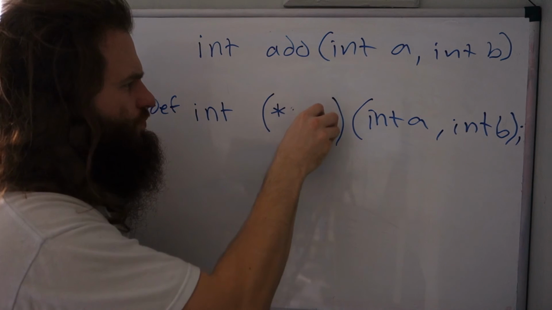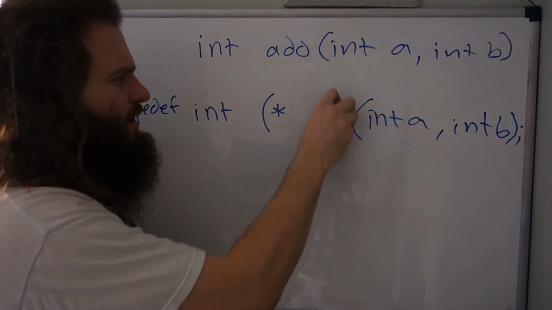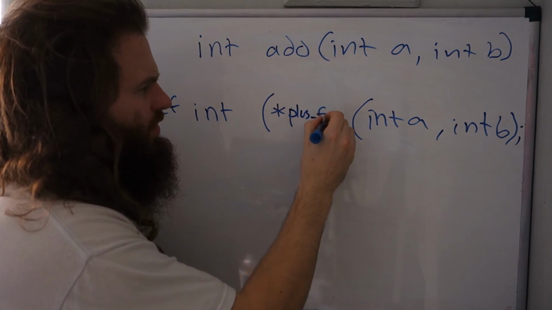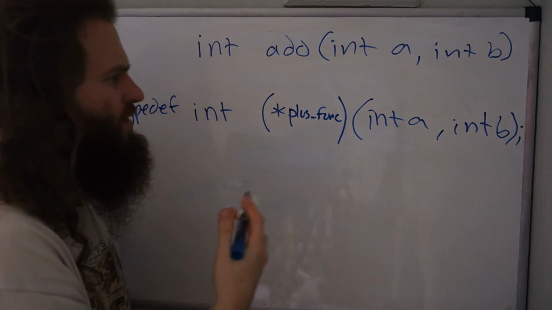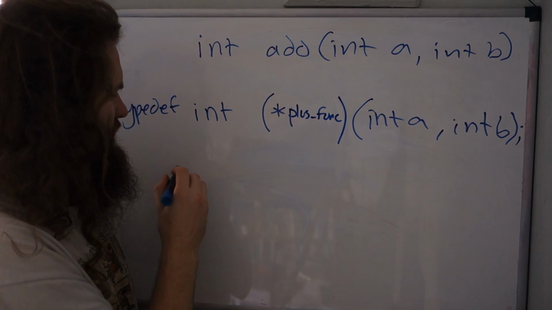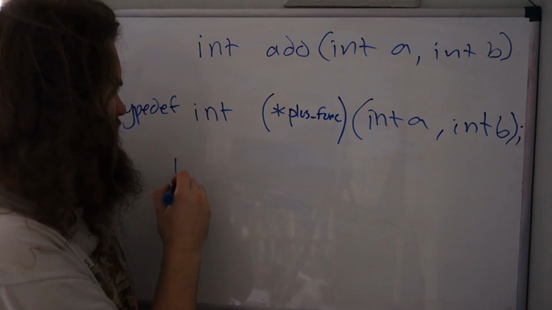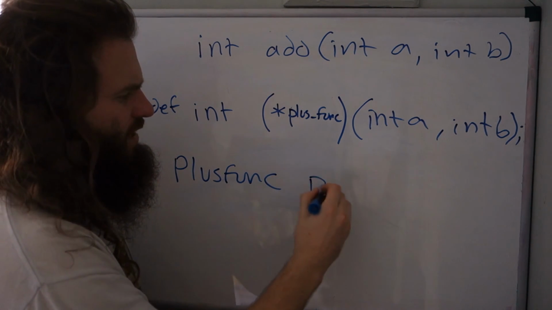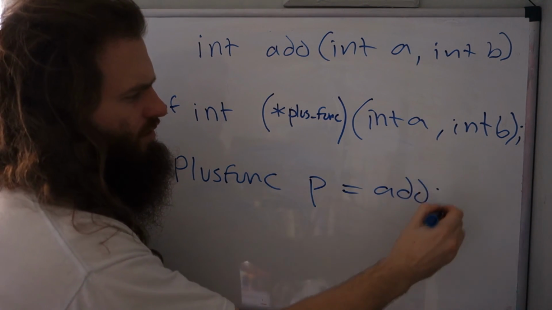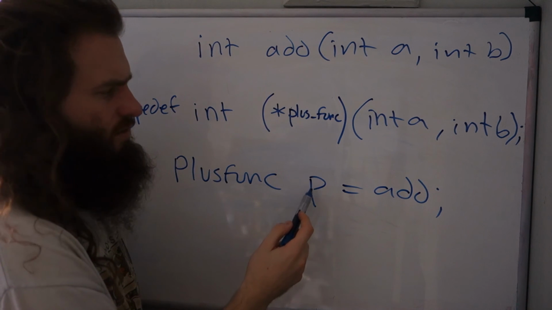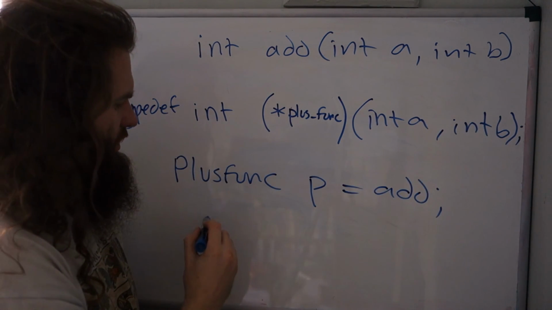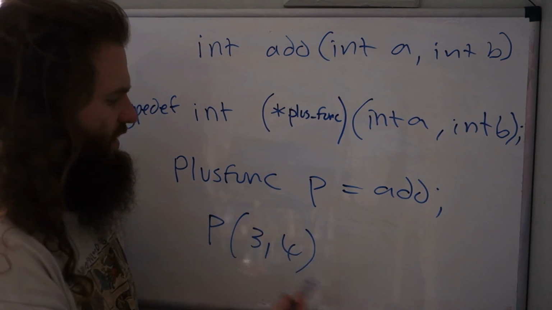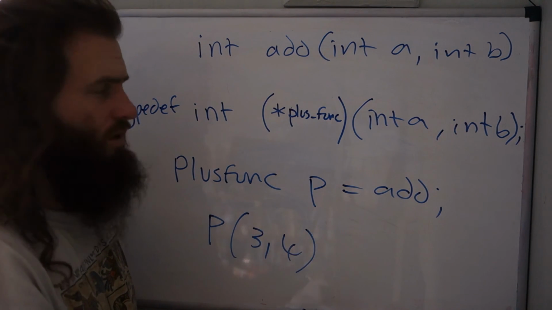We might give it a name like plusfunc. Then we can use that type and say plusfunc p = add. So p is a variable that has this type, and then we can call p(3, 4), and that is the same as calling add(3, 4).